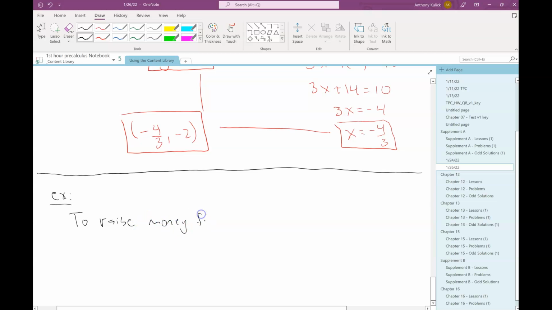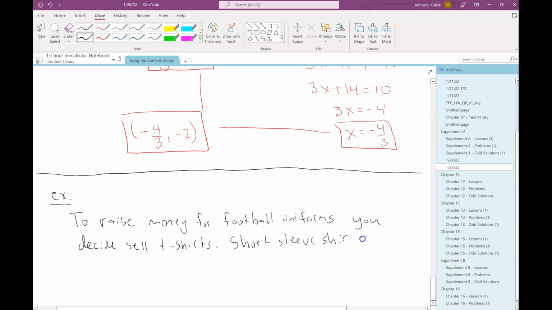So to raise money for football uniforms, you decide to sell t-shirts. Short sleeve shirts cost $5 and can be sold for $8.